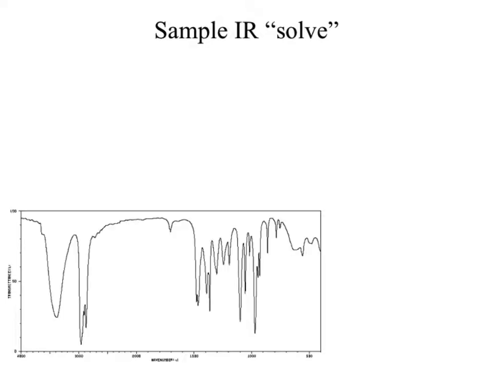Next one, 5 seconds. That was 5 seconds. We get an OH. We get our CH SP3s. And then I would ignore all of that, at 1,500 to, what do we say, 1,400?